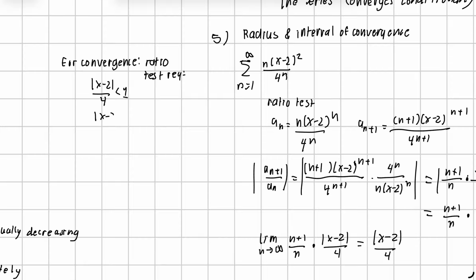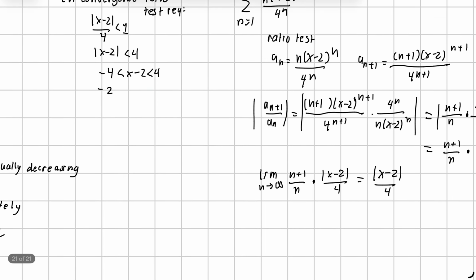So the absolute value of x minus 2 is less than 4, meaning negative 4 is less than x minus 2, less than 4. If we add 2 to all sides, we have negative 2 less than x less than 6. So therefore, our radius, big R, is equal to 4.